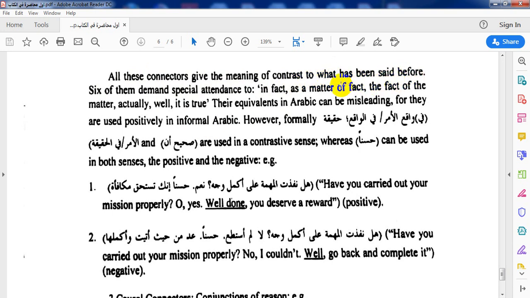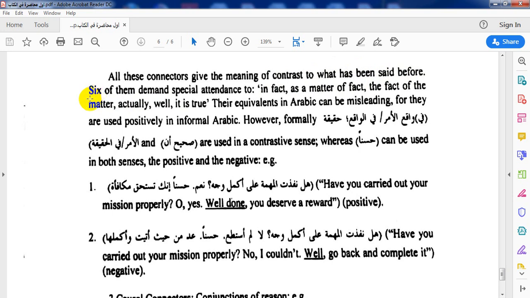All those listed connectors, their function is contrast to what has been said before. So when you want to mention a contradicting idea, you use those connectors.